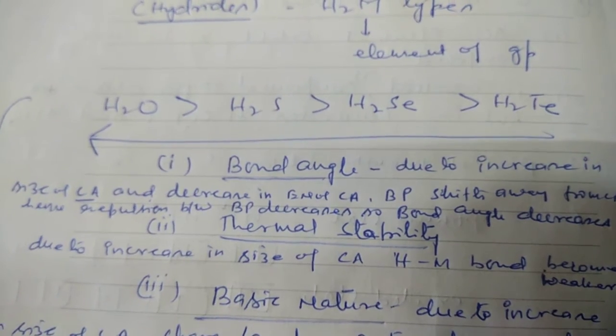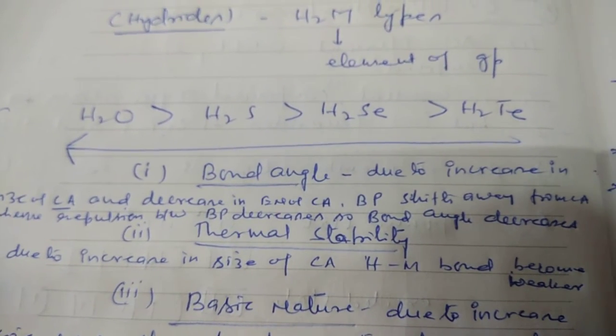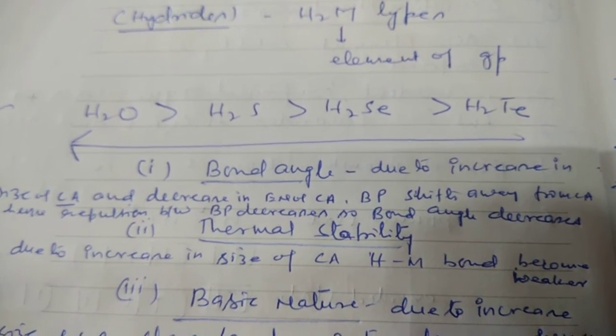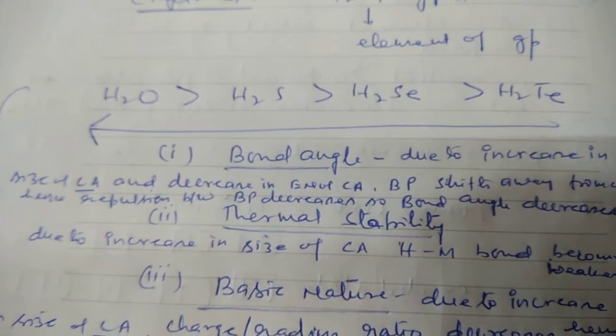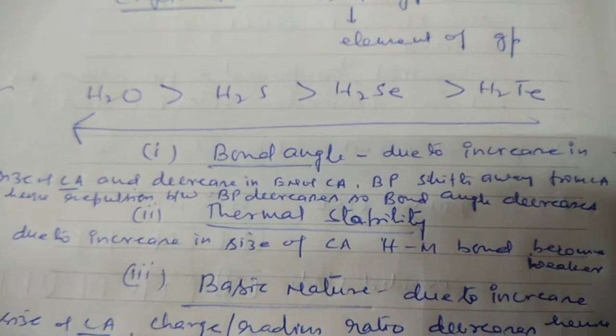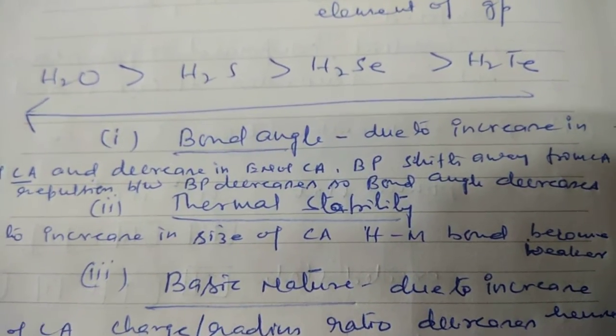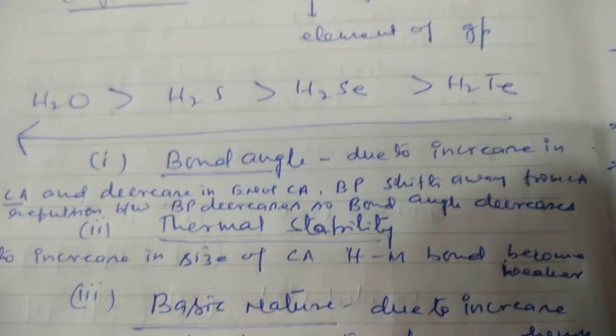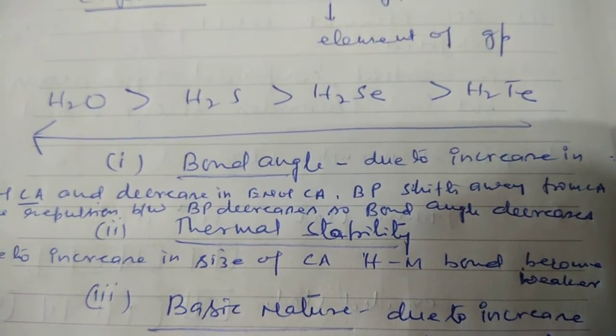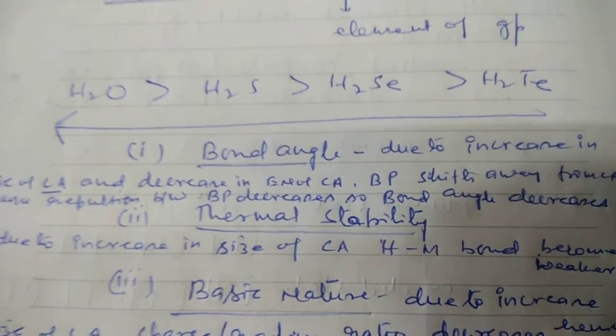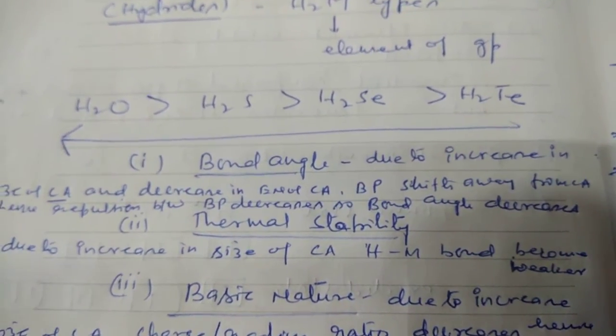Due to increase in atomic size and decrease in electronegativity, the bond pair actually shifts away from the central atom, due to which repulsion between bond pairs decreases and bond angle also decreases. So that is the cause of the first property, that is how the bond angle decreases.